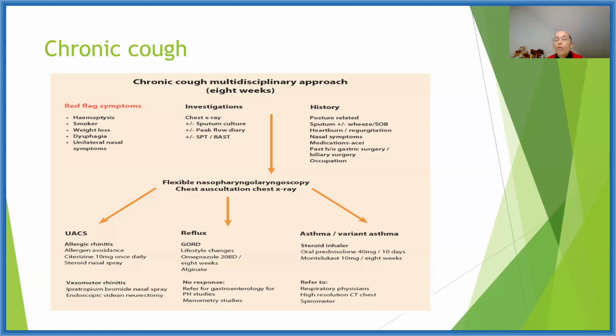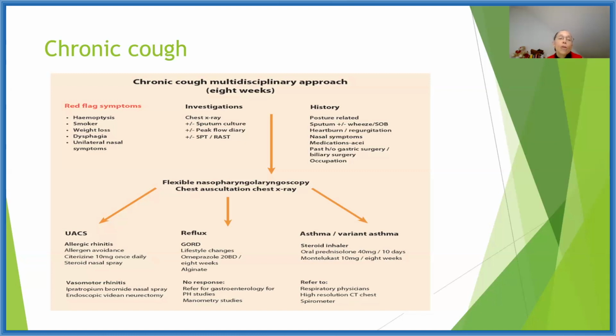Other investigations will often be requested depending on the history and on the suspicion for a certain diagnosis. We may sometimes ask for a chest x-ray. We can also sometimes request a pulmonary function test. Sometimes we do request some allergy testing. The evaluation is really based on the clinical suspicion.